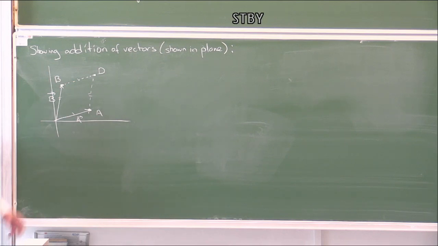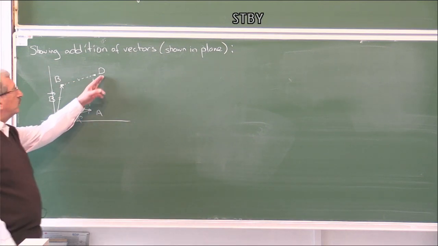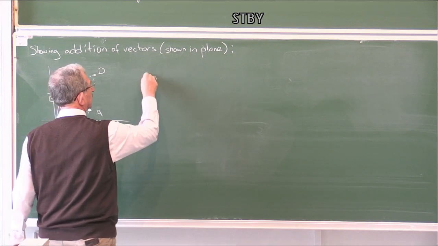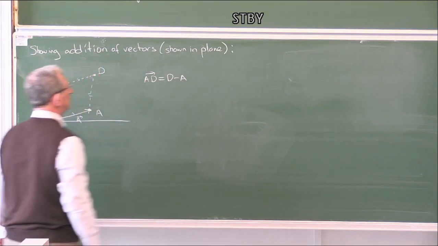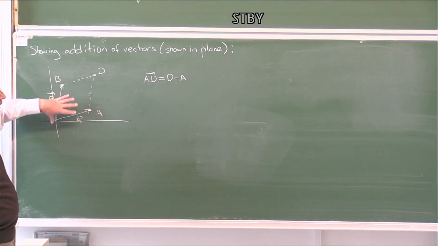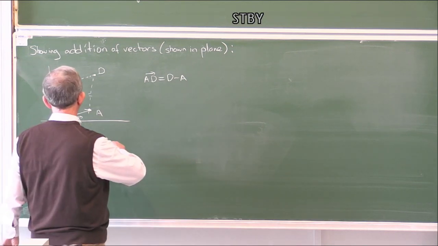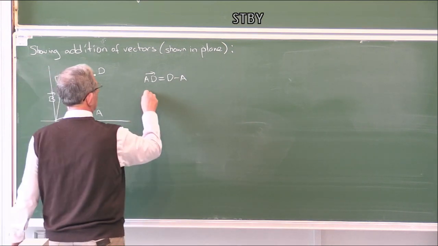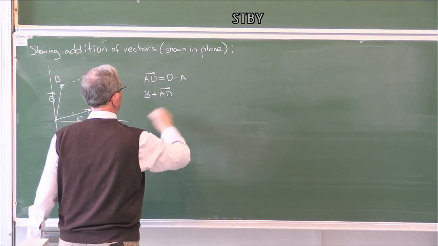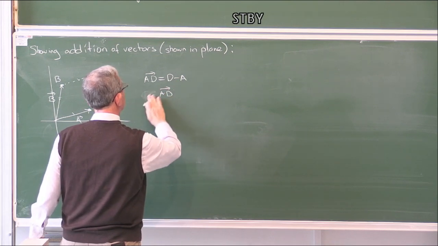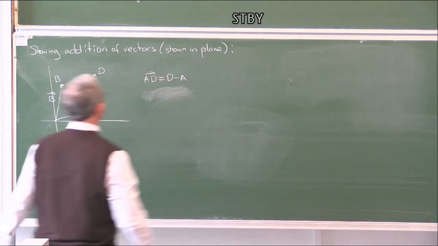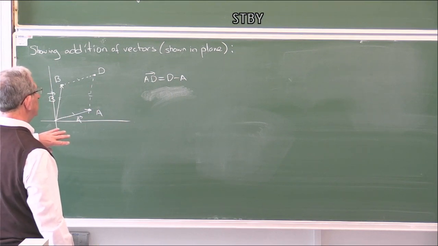Let us look at the vector AD. The vector AD is D minus A.